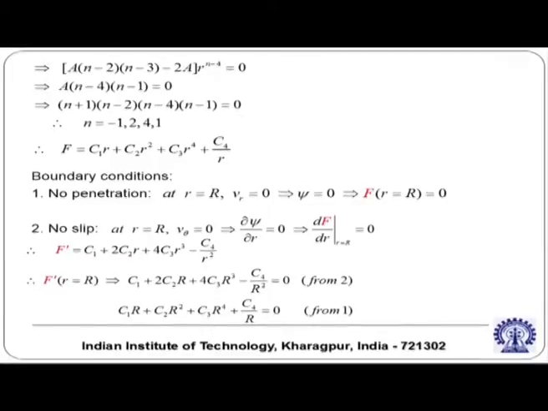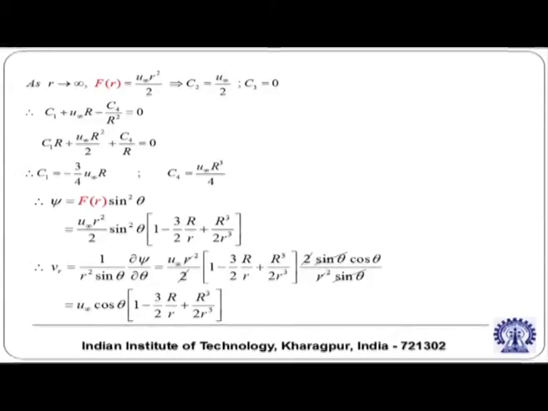Let me see, no penetration, it is same, okay, the same notations are there, then it is fine. So, whatever notations I have used on the board, same C1, C2, C3, C4, so we can use these slides directly. So, at r tends to infinity, F of r is u infinity r square by 2, that will give you C2 is equal to u infinity by 2 and C3 is equal to 0, that we have already discussed.